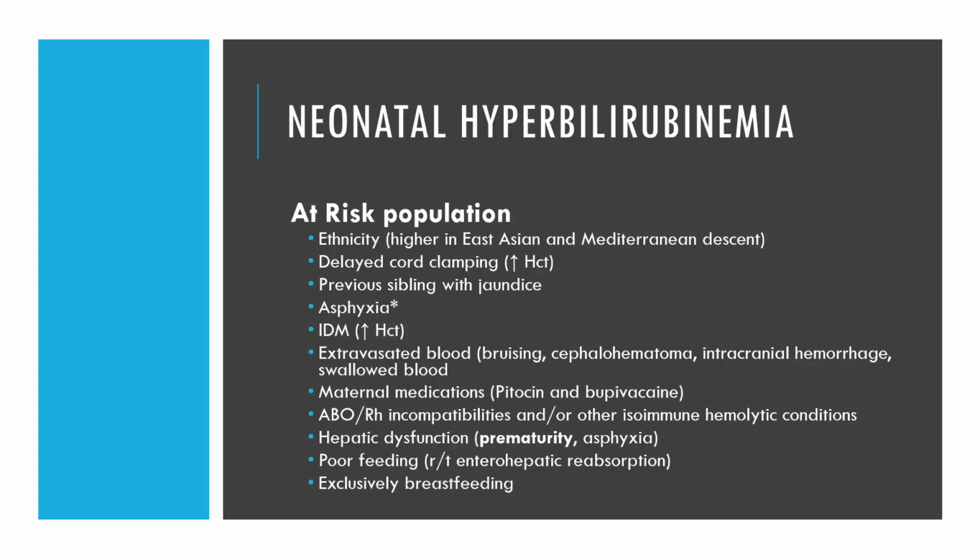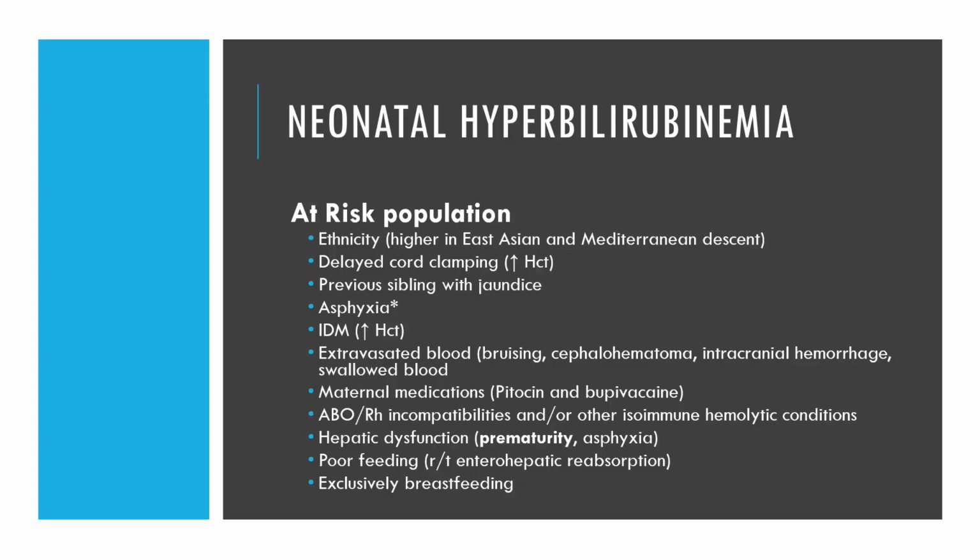There are some maternal medications, Pitocin and Bupivacaine, that can cause infants to have a higher bilirubin level at birth. And then we'll talk more about ABO and Rh incompatibilities and some other isoimmune hemolytic conditions that can cause hyperbilirubinemia. We'll talk more about that later.